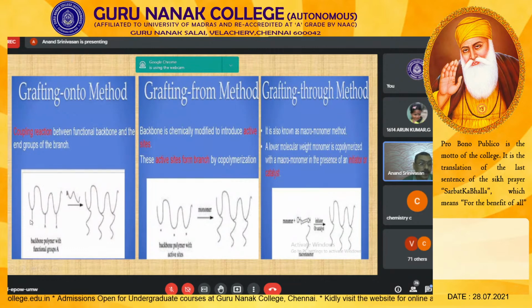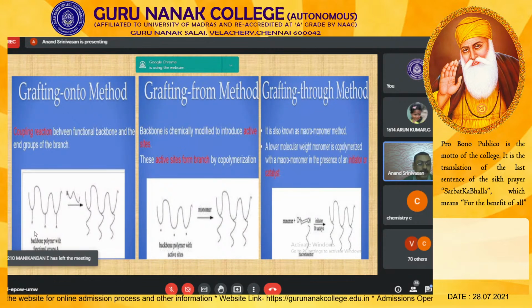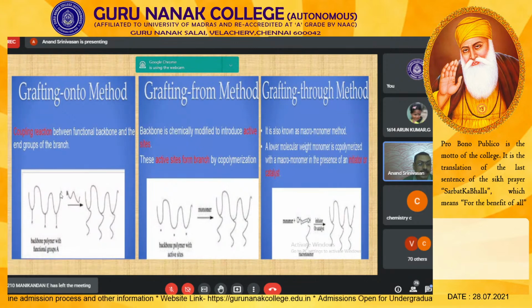In the backbone, you have the linking segment, which has a function group too. The backbone containing a function group is capable of reacting with the incoming linking segment, which also has another function group. Therefore, a coupling reaction between A and B takes place. You get the corresponding grafting onto method polymer.